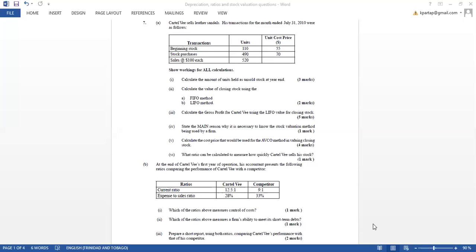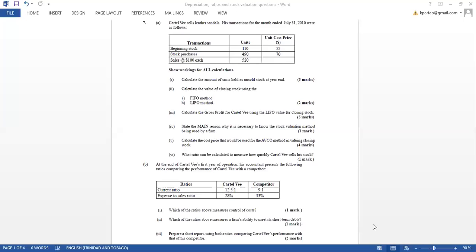Okay, so you realize the big difference we had between the closing stock using the FIFO method and the closing stock using the LIFO method. If you don't know the method that they're using, your values will be very different.